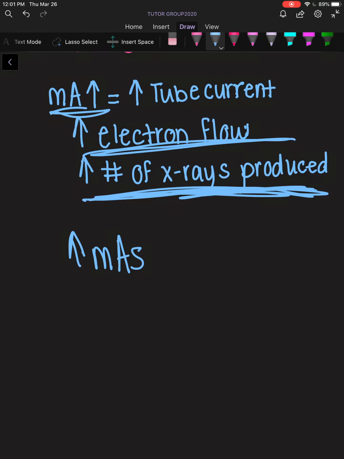So of course it contributes directly to our exposure to the patient and IR.